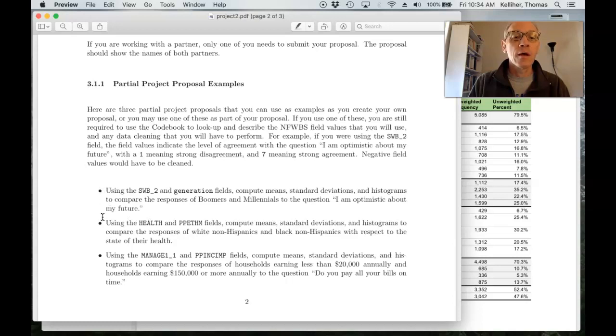Notice that none of that information is here. So this is a starting point. If you use one of these, you'll need to complete it by using the code book to look up the actual field values and the values to be cleaned. So that's the introduction to the project. I hope that helps. Take care, everyone.